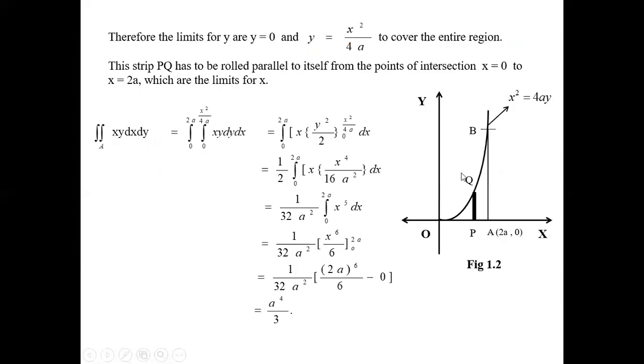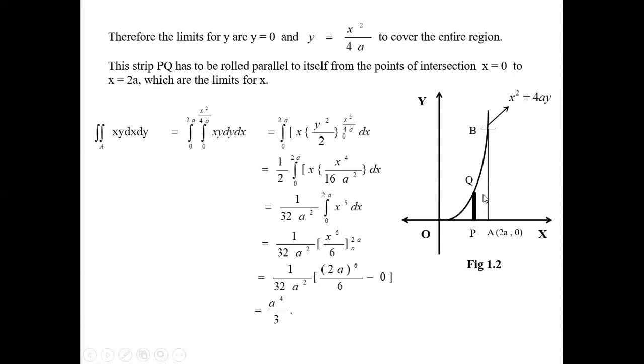Now we can get the idea. Now here, this is x square is equal to 4ay, that is an equation of a parabola, and then this is x is equal to 2a. That means this is the region of integration. Now for this region, you have to find the limits for x and y.